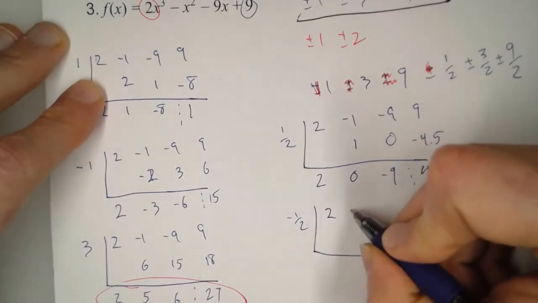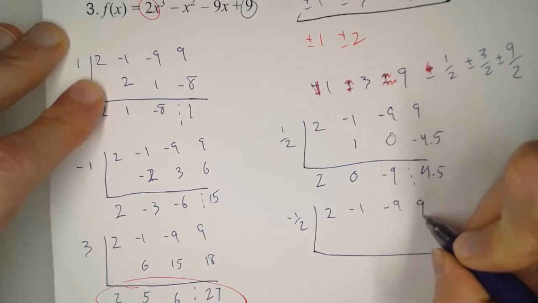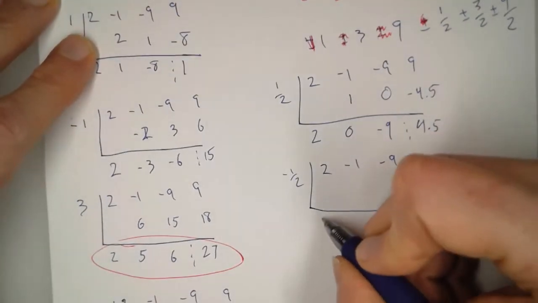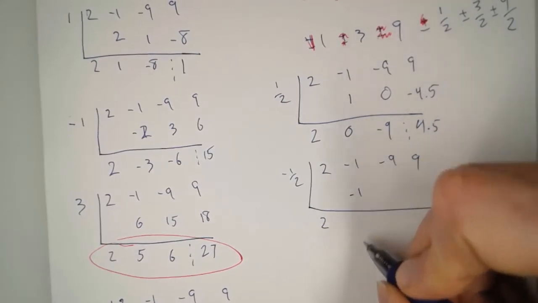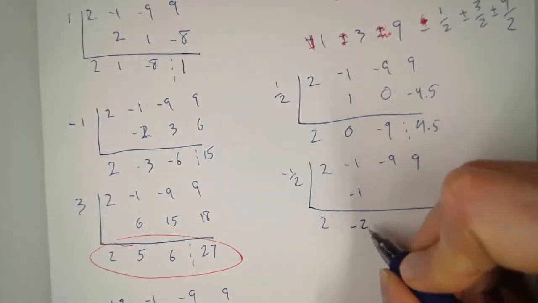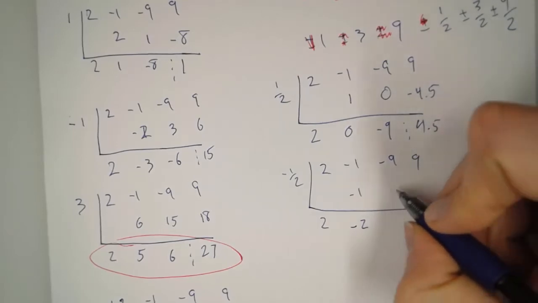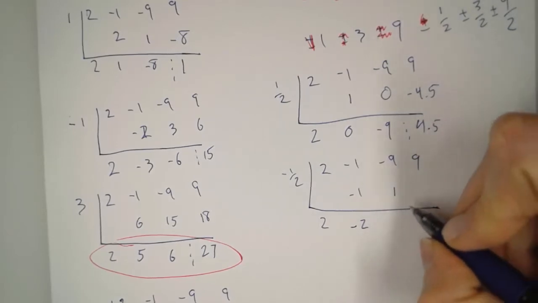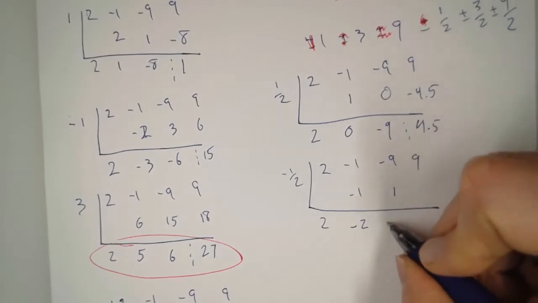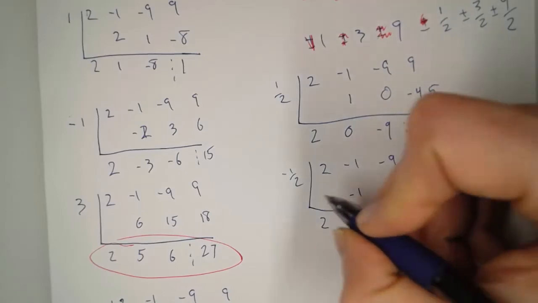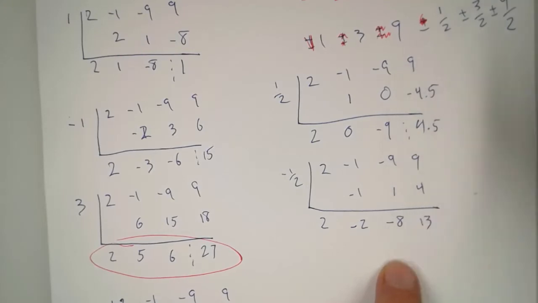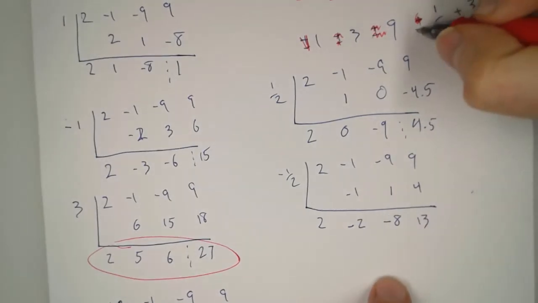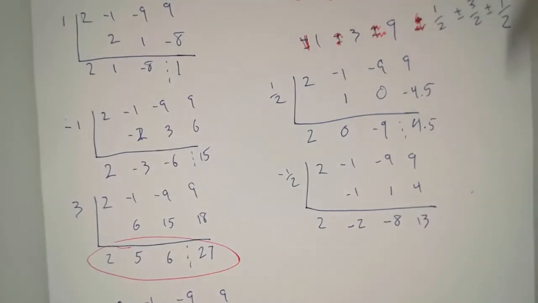So that's 2, -1, -9, and 9. Bring down the 2. Times -1/2 is -1. Bring those down. So that's -2. Times -1/2 is +1. Bring those two down. That's -8. Times 1/2, that is +4. And that's 13. So -1/2 doesn't work.